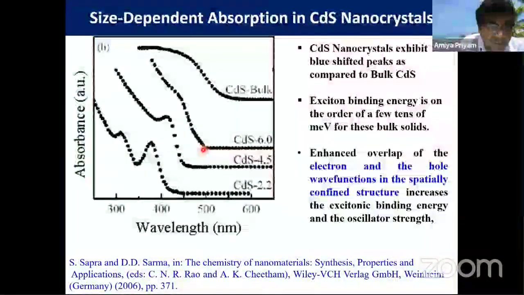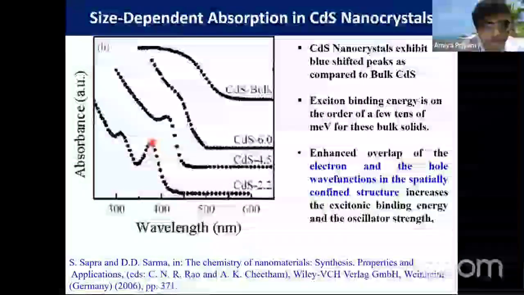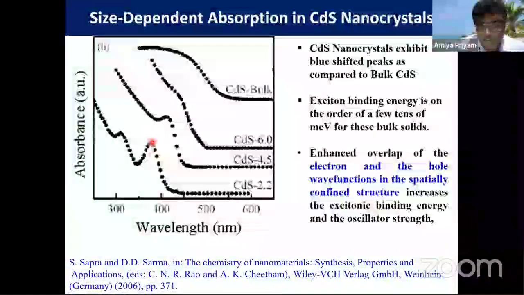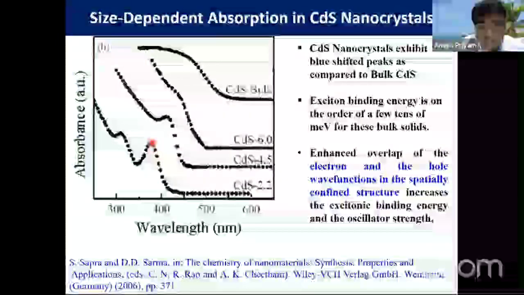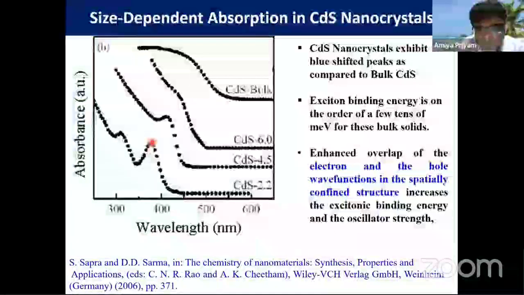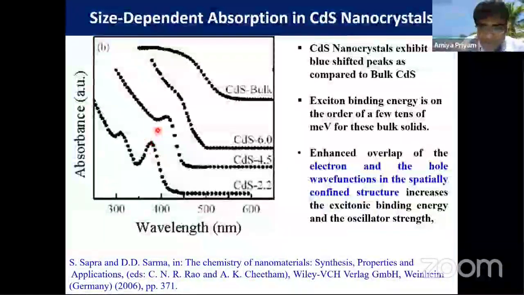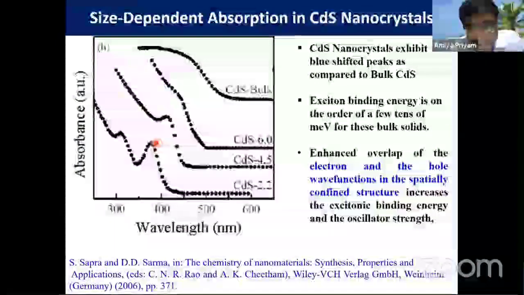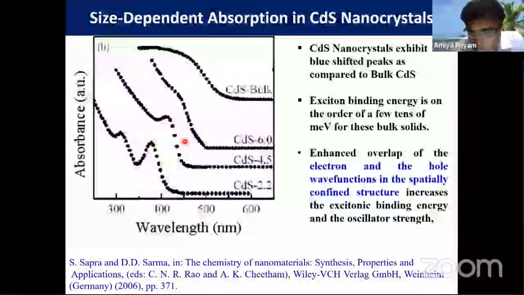It has become much higher, and we are getting an enhanced, peak-like feature. A distinct peak is observed in the absorption spectra for quantum dots. In the first section, I am only discussing this absorption profile, and then I'll also move to the photoluminescence part.